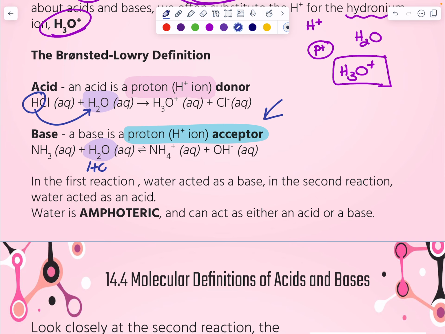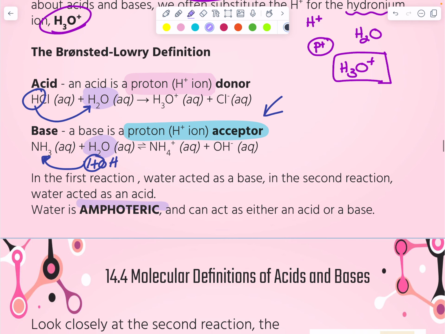And remember here, water was what gave NH3 its hydrogen, so it seems like water has acted as an acid there. It's donated its hydrogen. So that may seem weird. That is a very important characteristic of water, that it is something called amphoteric. Amphoteric means it can act as either an acid or a base.